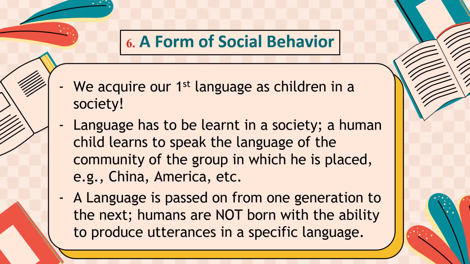And we all know as children, we first acquired our first language from our society, from our parents, from maybe our relatives, our neighbors. Language has to be learned in a society. A human child learns to speak the language of the community, of the group in which he is placed.